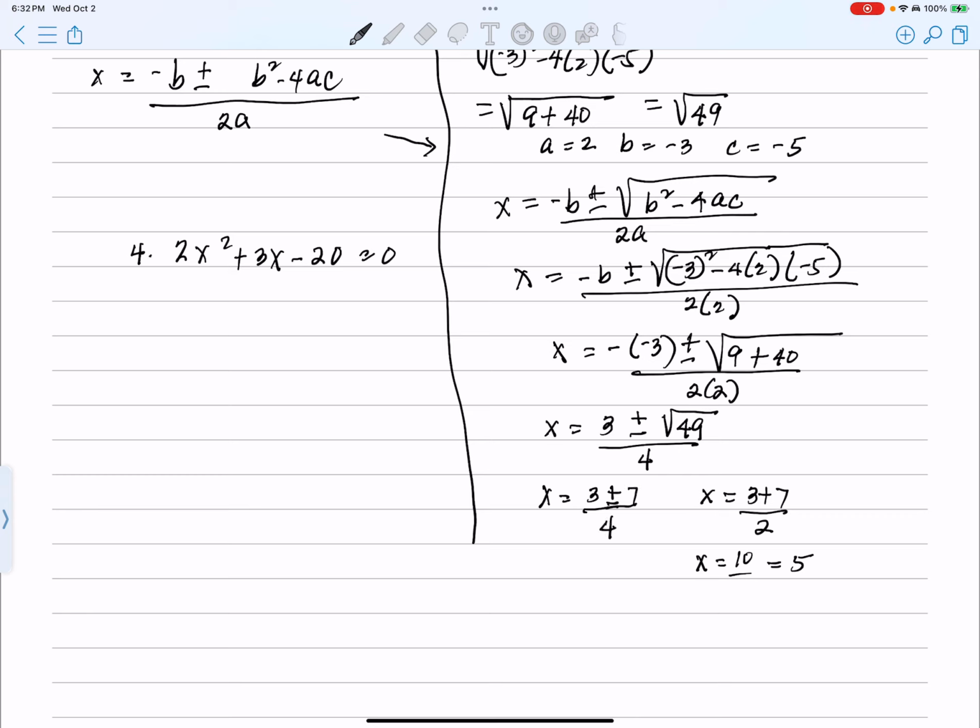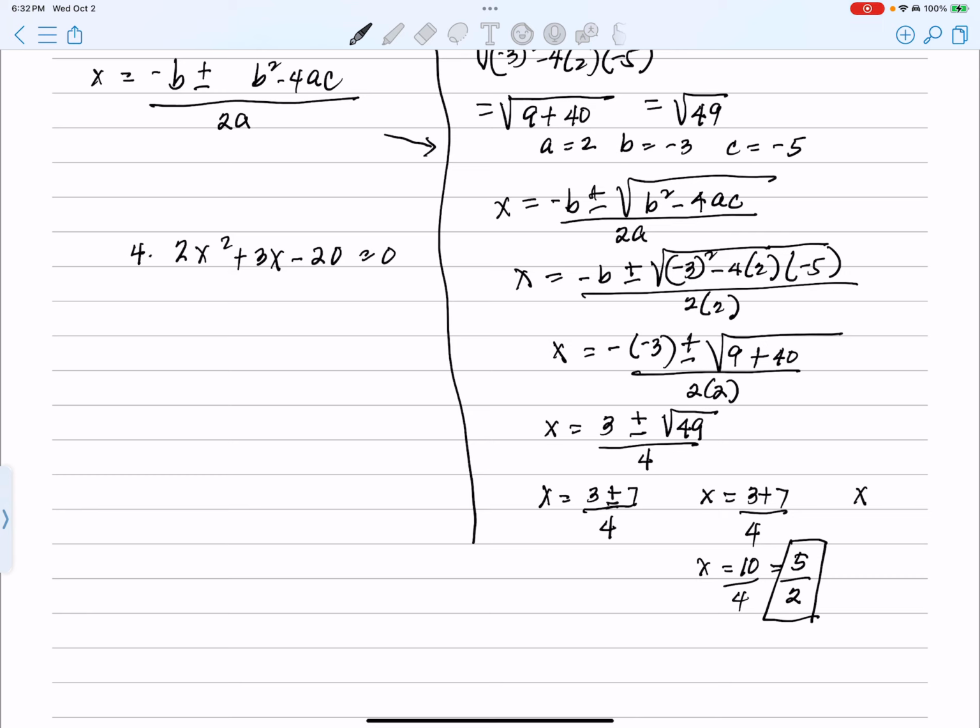So let's do the over 4 here. x would be 10 over 4. So we'll reduce that. That would become 5 over 2. This is one value of x. Let's get the other value of x.